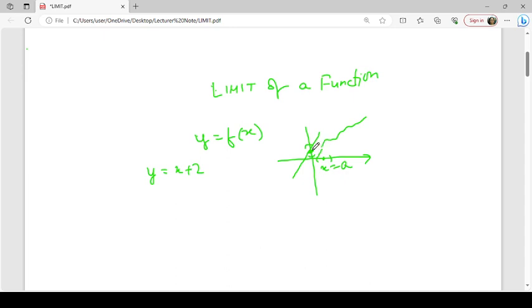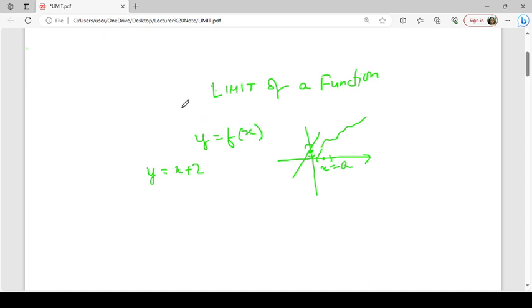The y coordinate is here. We draw a parallel line, then this point is on the y-axis. So y approaches this point from the left side as well. We say the limit of f(x) as x tends to a is this point. So graphically we are explaining this.